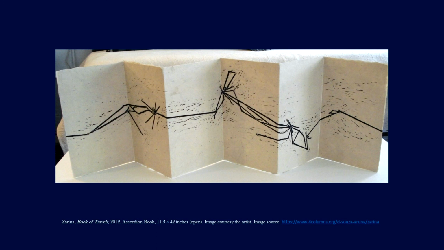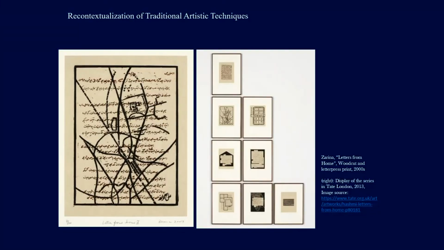So for her, in the Book of Travels, these ideas or concerns about the line, its ruptures, its continuation, and their relationship to her life came to the surface. And the language of woodcut contributes to these bold lines, sometimes crude, sometimes disruptive.